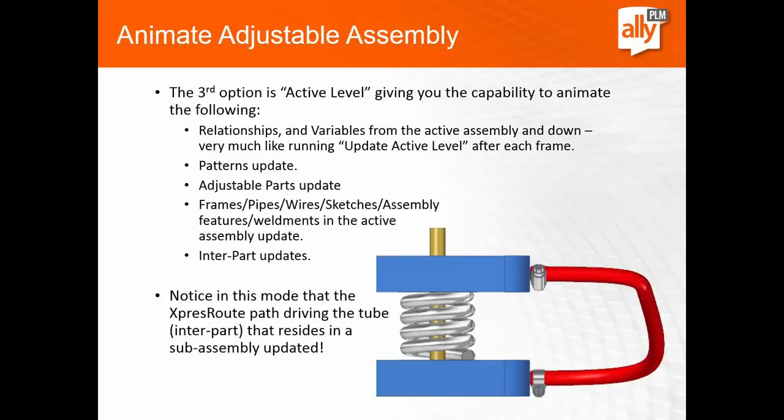So in this example we have a hose here made in Xpress Route that has a tube and inner part relationship there that resides in the subassembly, and that'll update now with this active level option. So I'll show you all three of those settings and how they work in an example in just a minute.